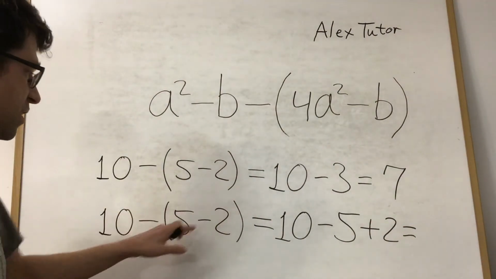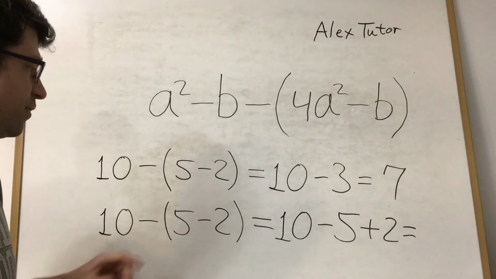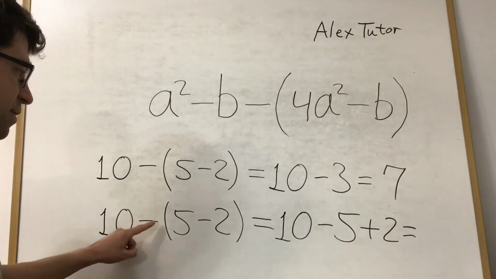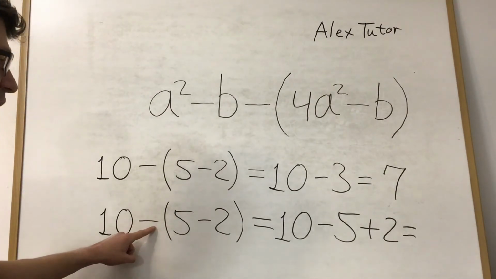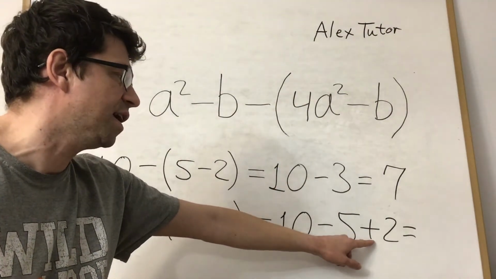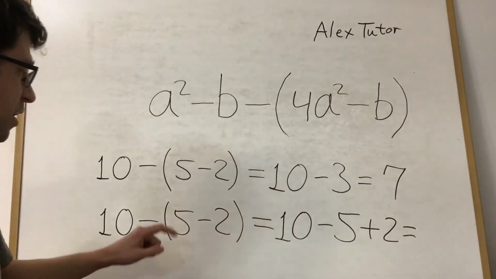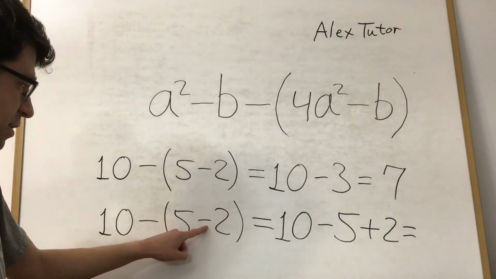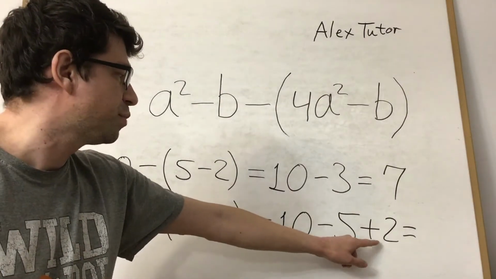So when I get rid of parentheses, if in front of the parentheses is minus, then after I got rid of the parentheses, I need to change the sign inside the parentheses. If it were minus, now it's going to be plus.